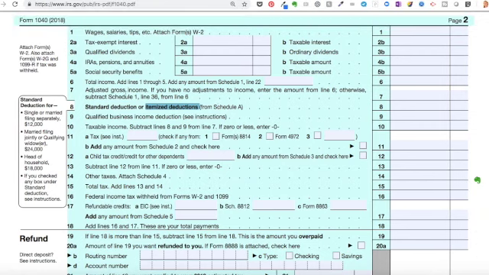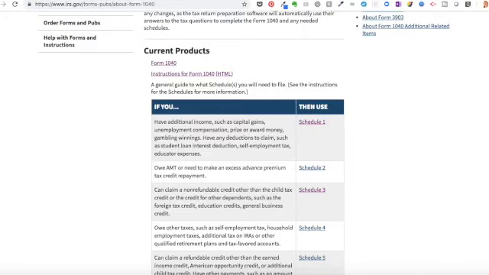So remember, you get to take the standard deduction, which are these standard amounts based on the filing status, or if your itemized deductions are greater than this amount, you get to take your itemized deductions. When someone takes itemized deductions, Schedule A must be attached to the return.